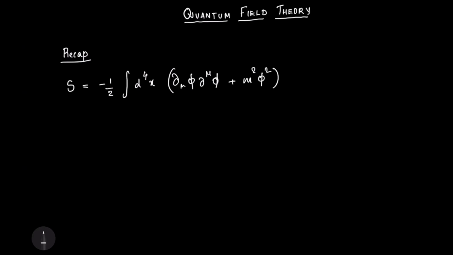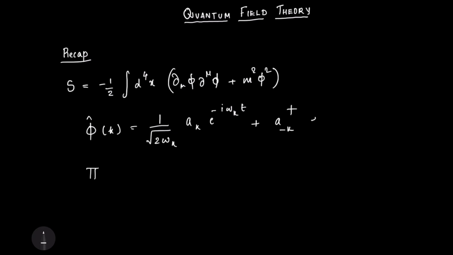We have determined the field φ and its canonical conjugate momentum π, both in k space. φ of k is equal to 1 by root of 2ω_k, a_k e raised to minus iω_k t plus a_{-k}† e raised to iω_k t.